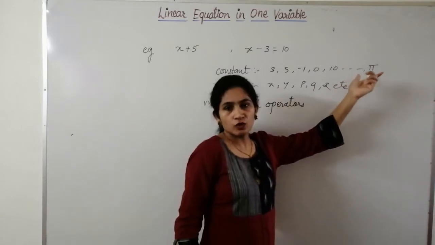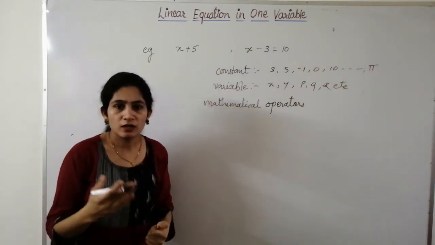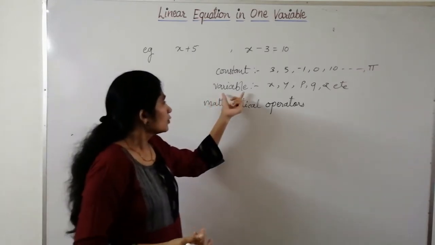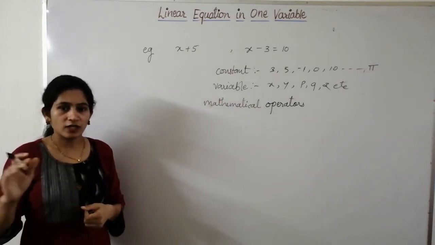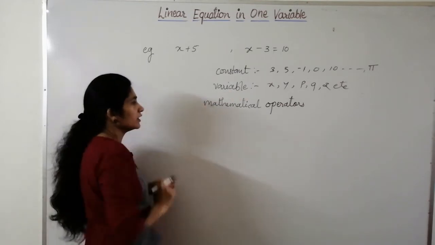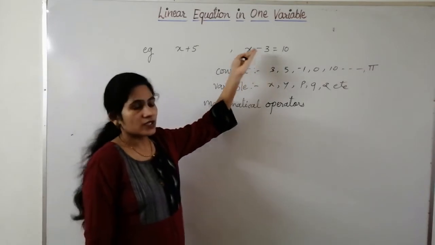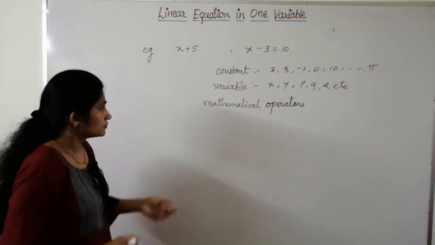Its value is 22/7, which has fixed value. Then the number of days in a week is constant. Number of minutes in 1 hour is constant. Variables. See, if you take time, time goes on changing. It never stops. It doesn't remain constant. So time will be a variable. And mathematical operators, you know, that is subtraction, addition, multiplication, division, all these are mathematical operators.